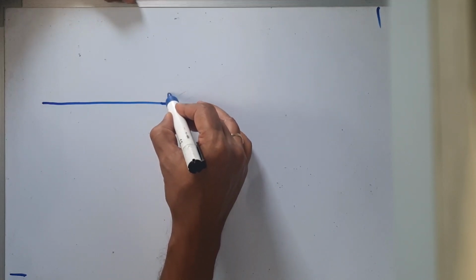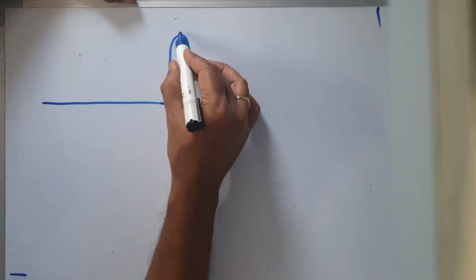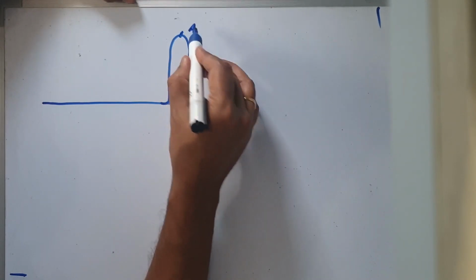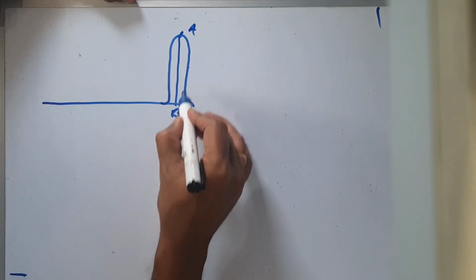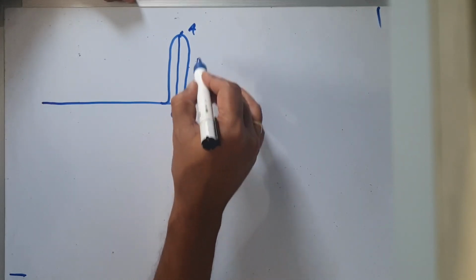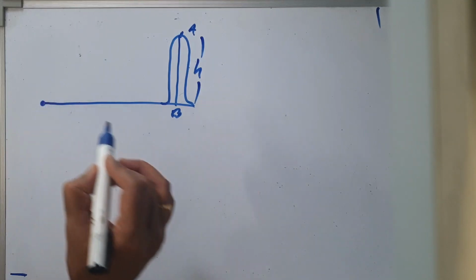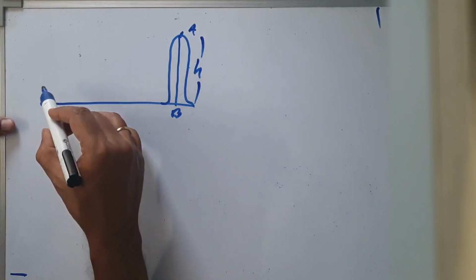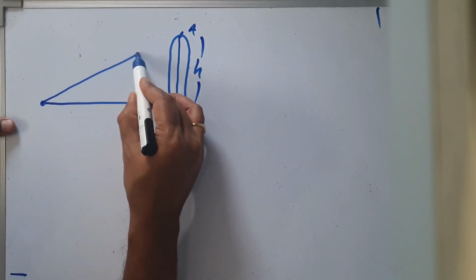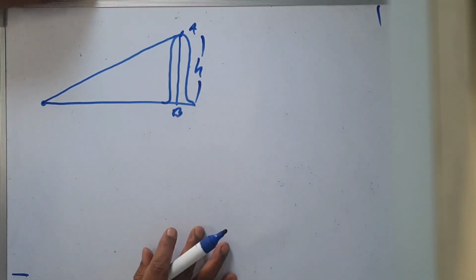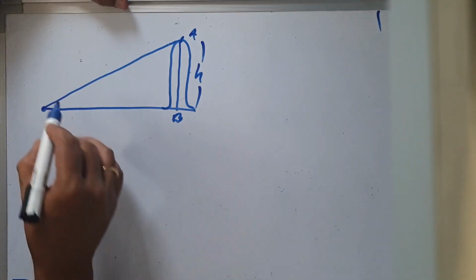Suppose this is a mountain. Let me call it AB. Its height is h, which you want to measure. So from a faraway distance, you measure the angle of elevation of the top of the mountain. Angle of elevation and angle of depression you learnt in 10th standard.